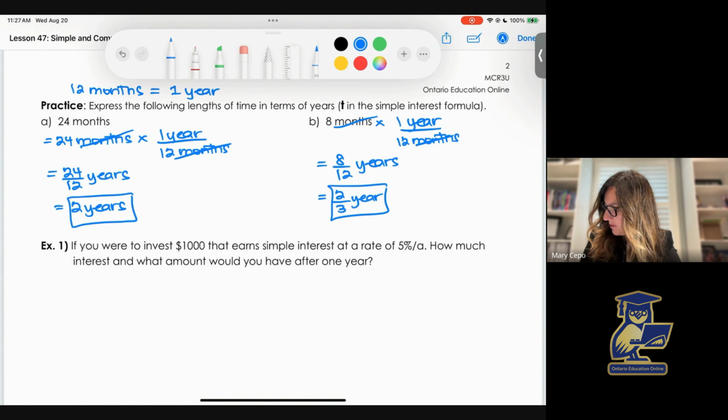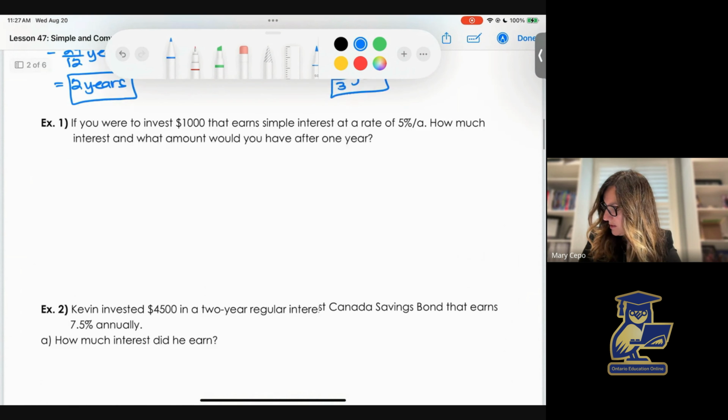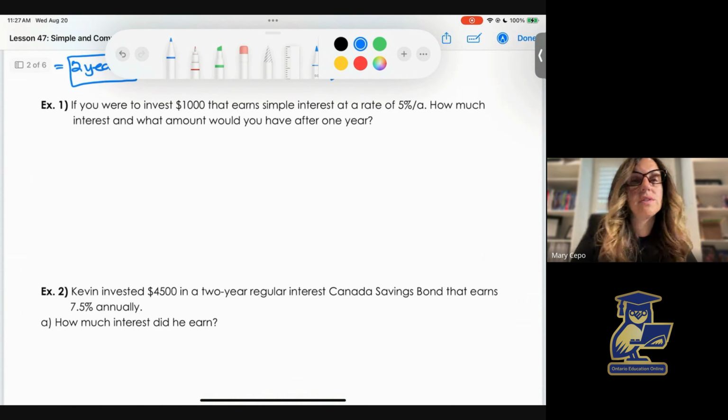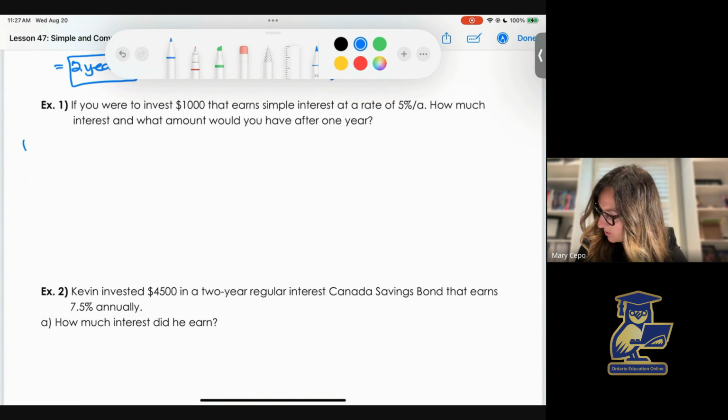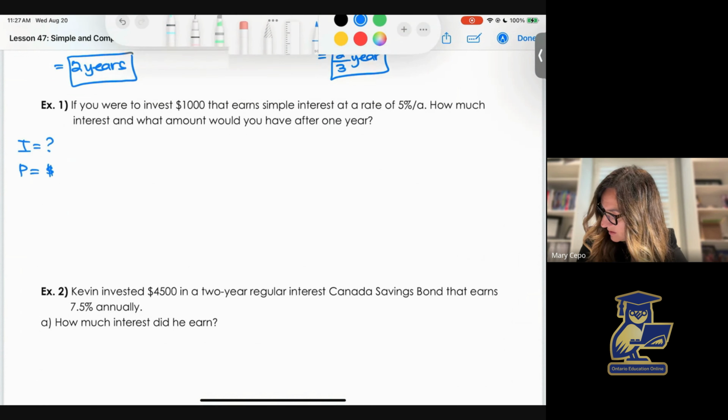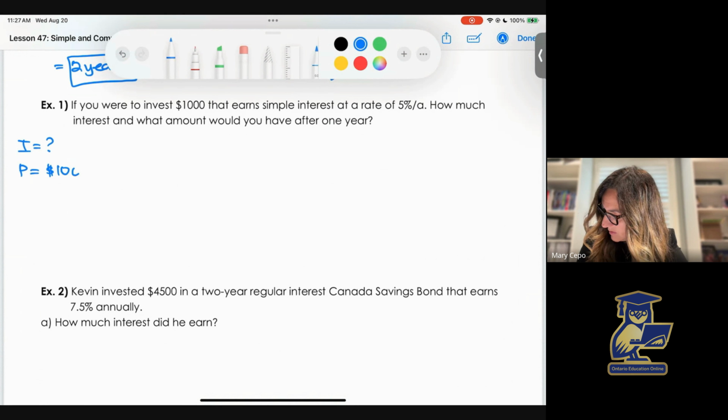All right, so now let's apply this to example 1. If we were to invest $1,000 that earned simple interest at a rate of 5% per annum, how much interest and what amount would you have after 1 year? Again, we're talking about simple interest. P is 1,000, since we've invested $1,000.